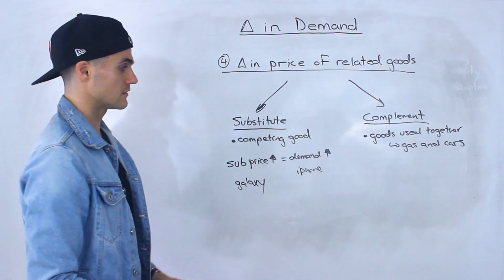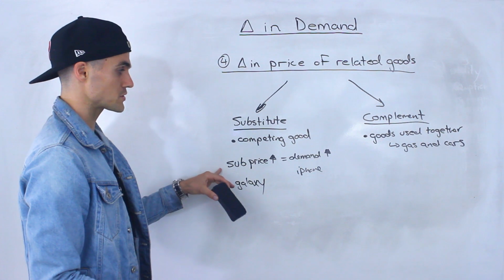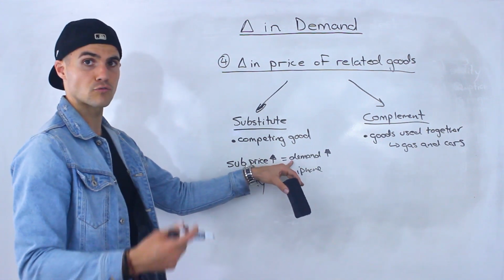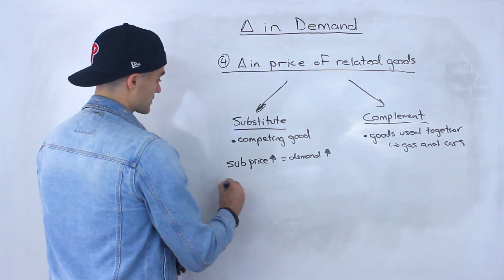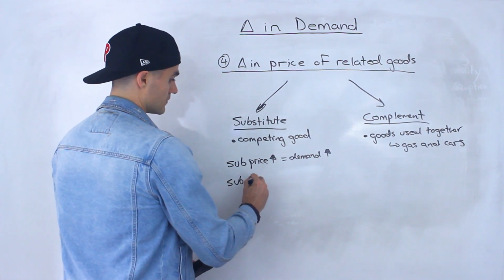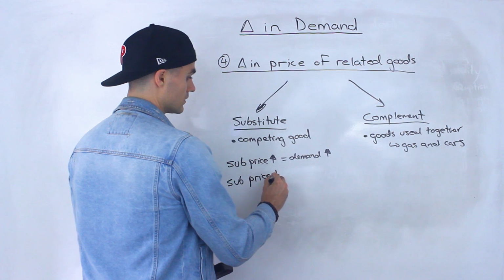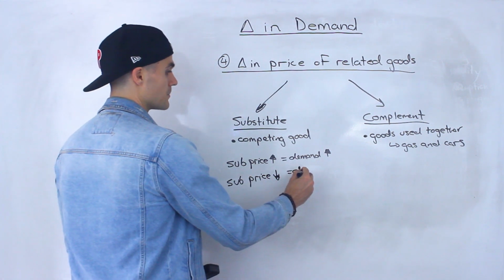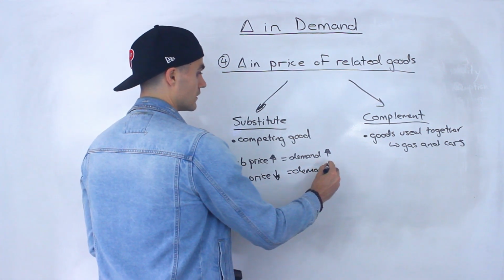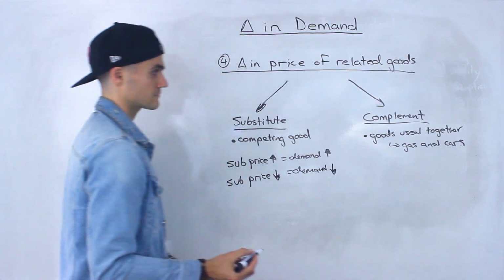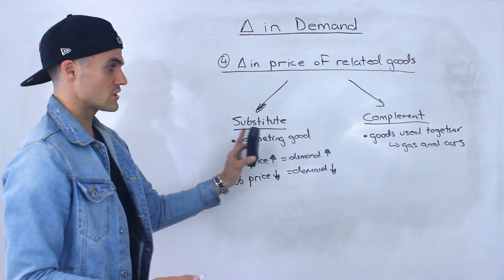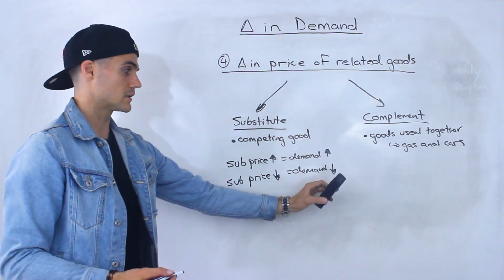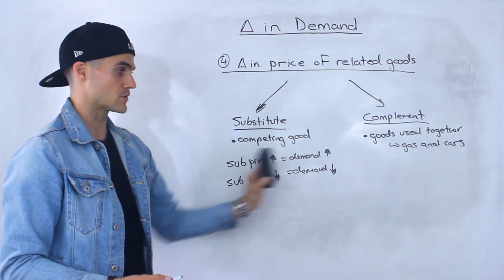So that demand is going to go up for the iPhone. So if a substitute price goes up, the demand for your product is going to go up. And then if the substitute price goes down, if that competing good, their price goes down, then the demand for your good is going to go down. Right? So demand increase, that would shift to the right. This demand decrease would shift to the left.